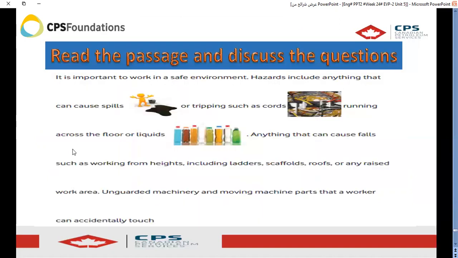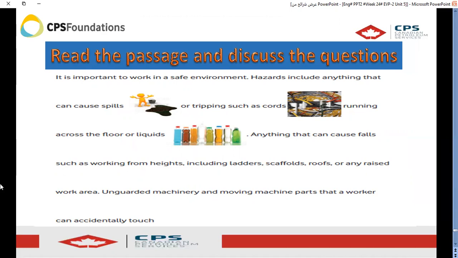Okay, now let's read this. It's important to work in a safe environment. Hazards include anything that can cause spills or tripping, such as cords running across the floor or liquids, anything that can cause falls, such as working from heights, including ladders, scaffolds, roofs, or any raised work area, unguarded machinery, and moving machine parts that a worker can accidentally touch.